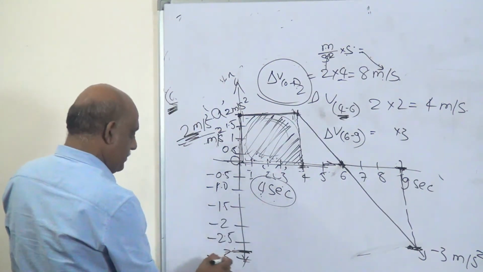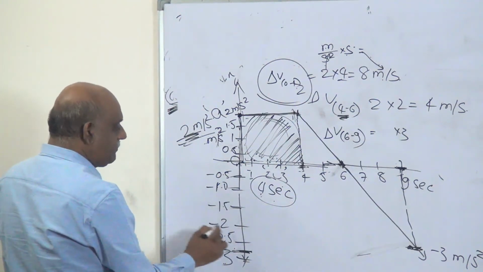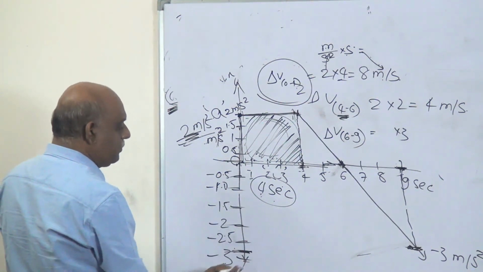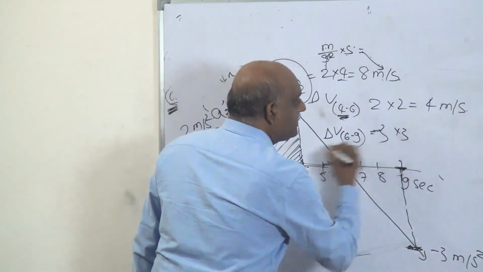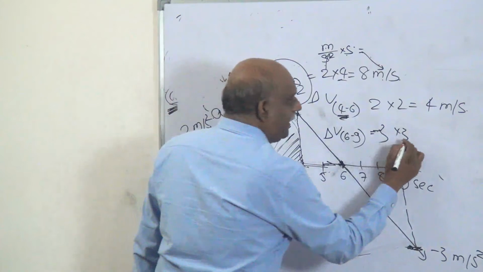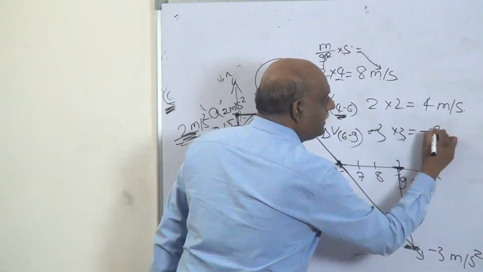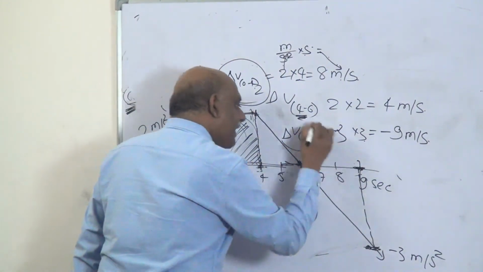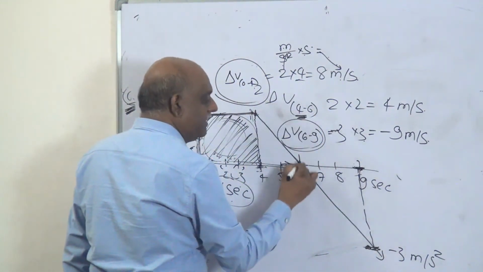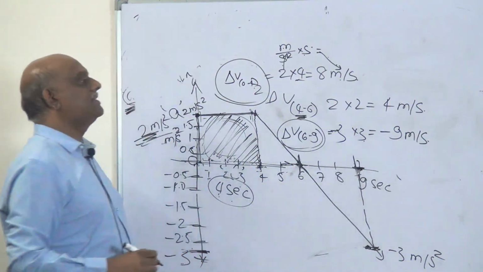It is 3. 0, 0.5, 1, minus 1.5, minus 2, minus 2.5, minus 3. So, it is minus 3 meters per second square into 3 seconds will give you minus 9 meters per second is the change in the velocity from the 6th second to the 9th second.